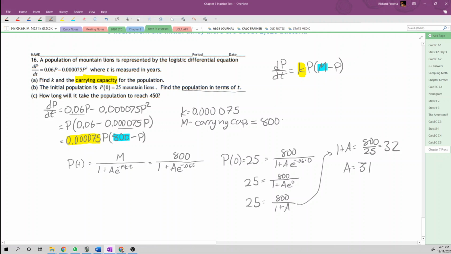So to answer the question, the population equation is P equals 800 over 1 plus 31 e to the negative 0.06t. Remember that the common misconception here is that A is not equal to the initial amount, at least not when we are looking at logistic growth.